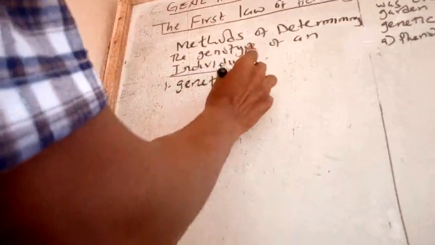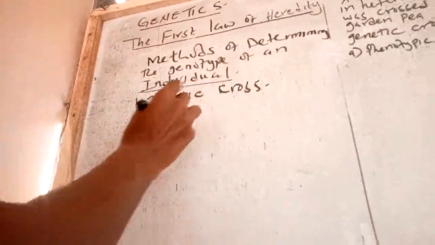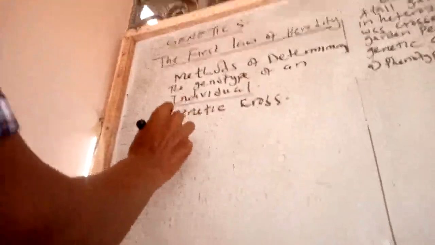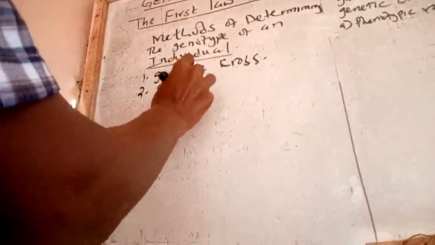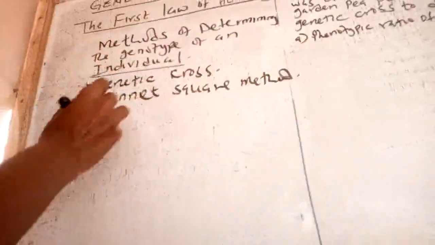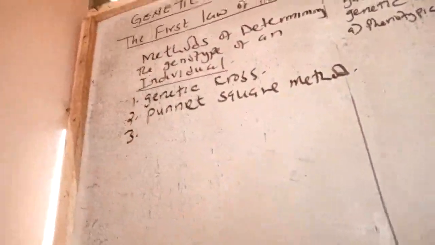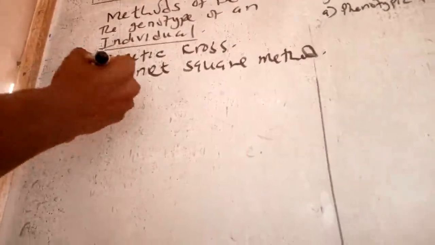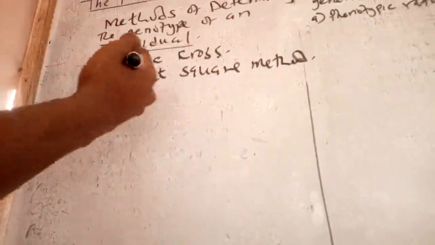The method number one, we can use genetic cross. And the second method, we can use the Punnett square method.